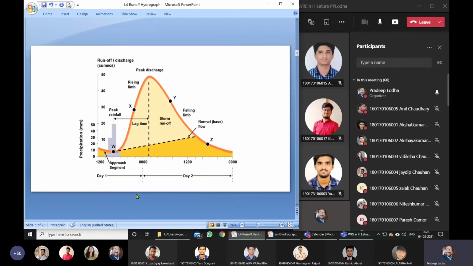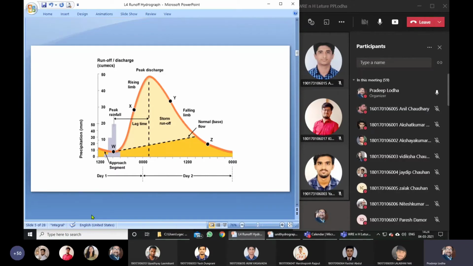When we do the calculation, when we do the characterization of the watershed or a catchment, then we deal with the unit hydrograph, not with the hydrograph. Hydrograph could be of a conduit, could be of an open channel or anything. But when we draw, we deduce the unit hydrograph.